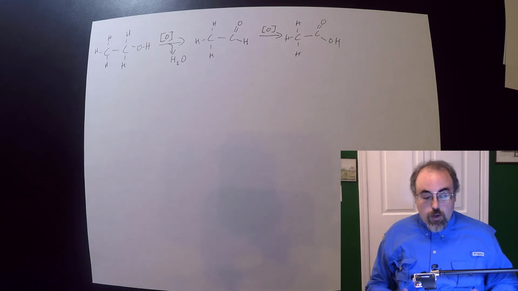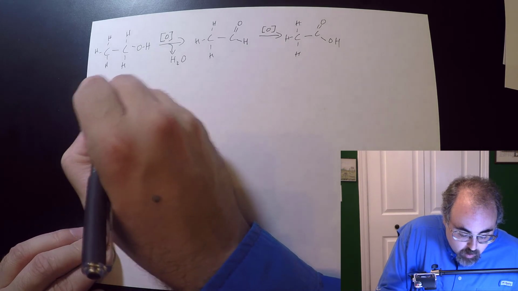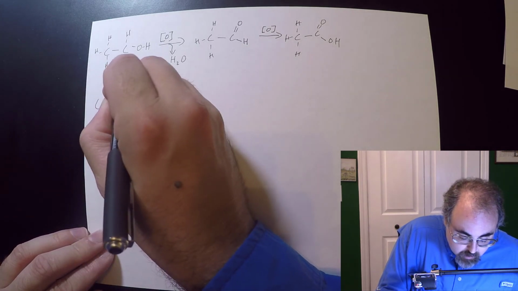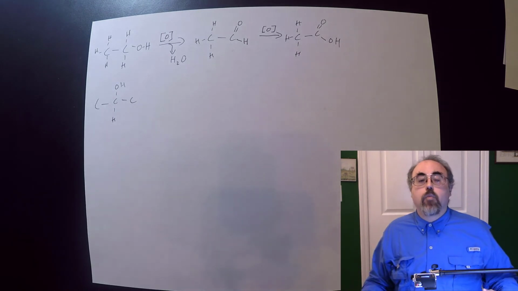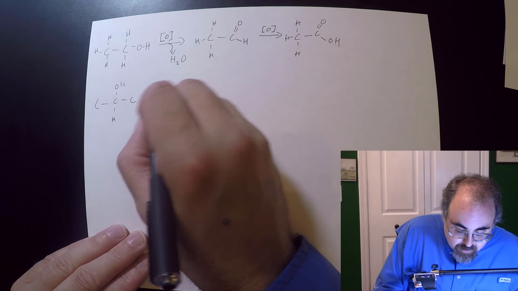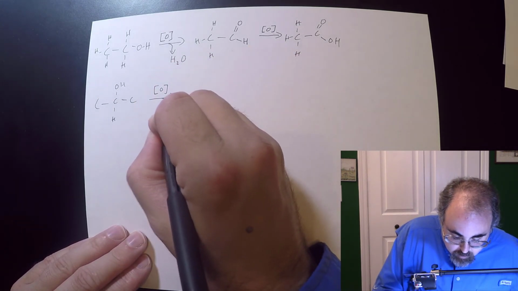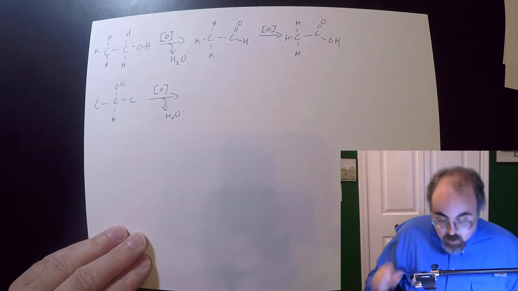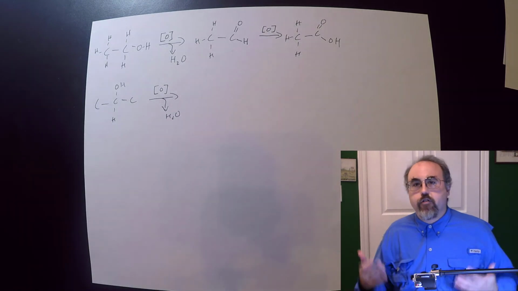Now, that is with primary alcohols. Let's go to secondary alcohols. So secondary alcohol, by definition, the alcohol is on a carbon that has 2 of its 4 bonds to carbons, 1 is the alcohol, and 1 is still hydrogen. So in this case, we can put 1 equivalent of oxidizing agent. It's going to pull off a pair of hydrogens, I should say.